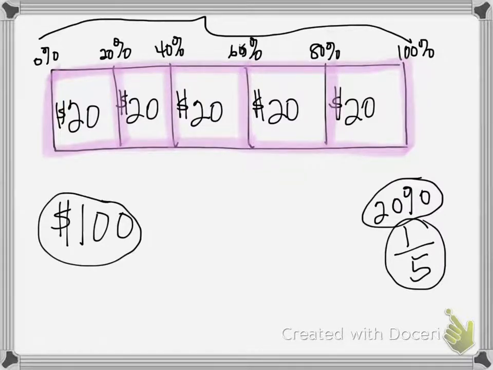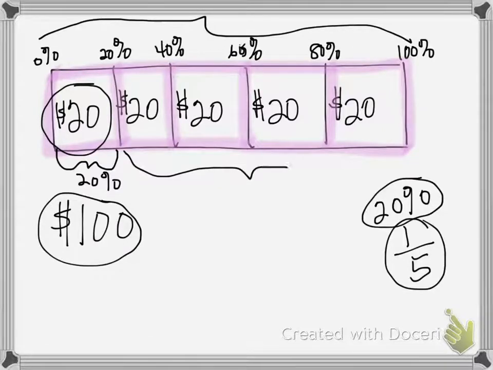So the discount amount is going to be 20%. And 20% of that right here, we can go 0 to 20%, this right here is 20%, so that is equal to $20. And that's what we saw back there, our discount amount. Now the leftover, the other 80%, is worth $80.